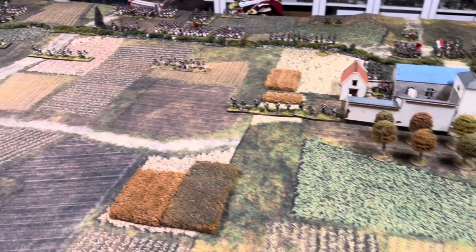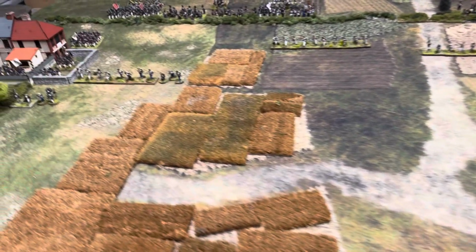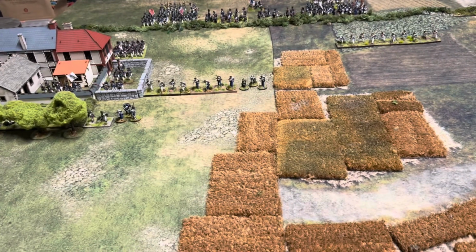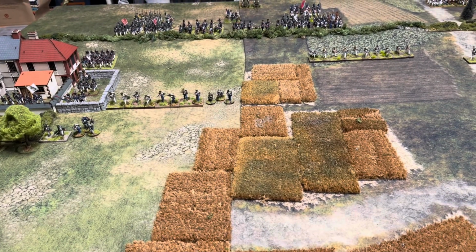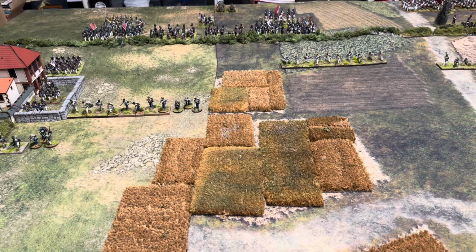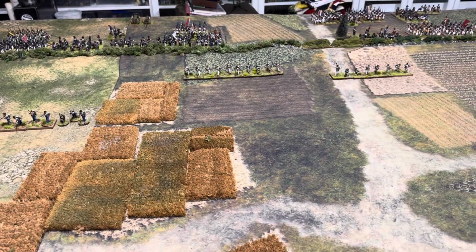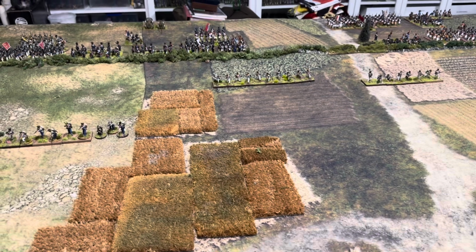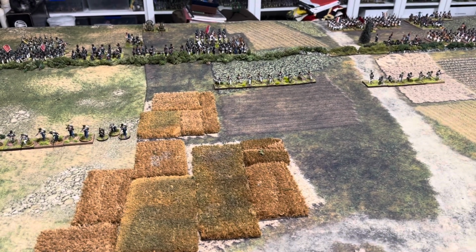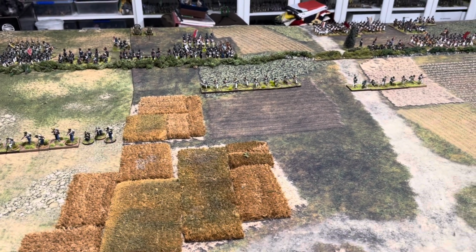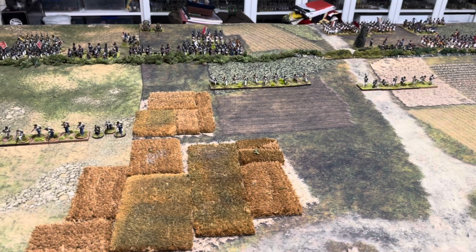Right, so let's have a look at how the French have deployed. So what would have happened is on the 19th of June, mid-afternoon, Davout's forces would have arrived here. He's left a brigade of recruits to hold Neuville, and he's arrived here with the remainder of his forces.